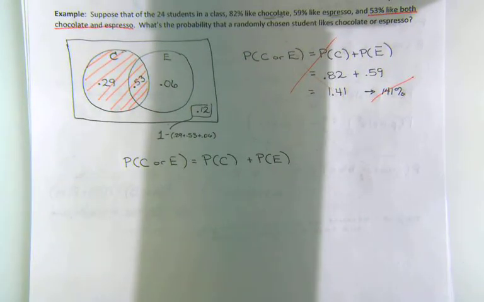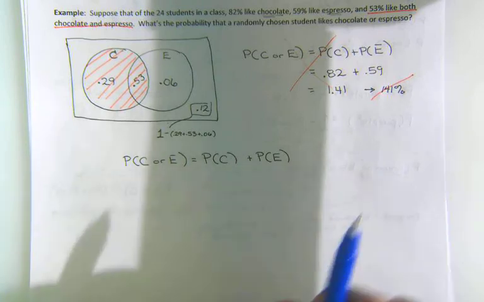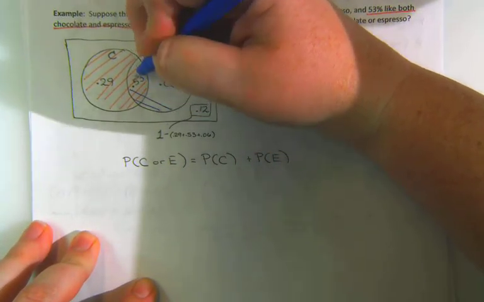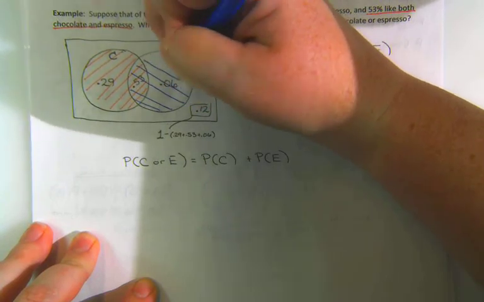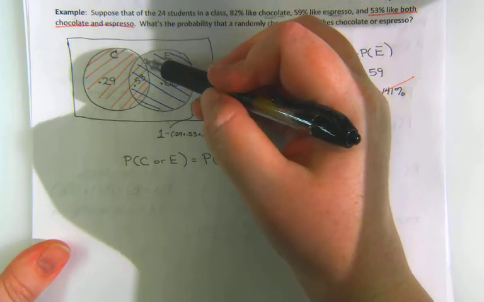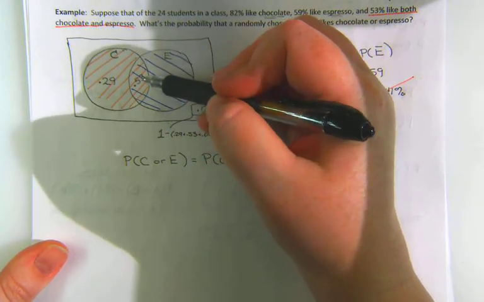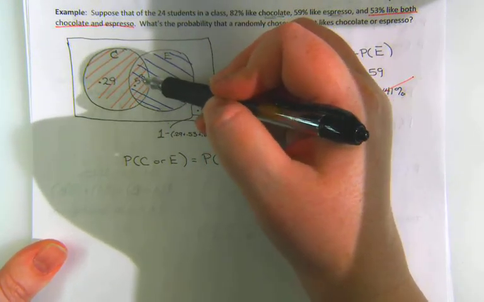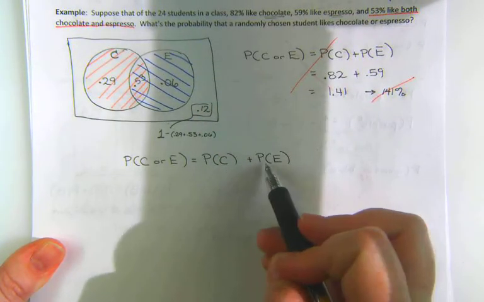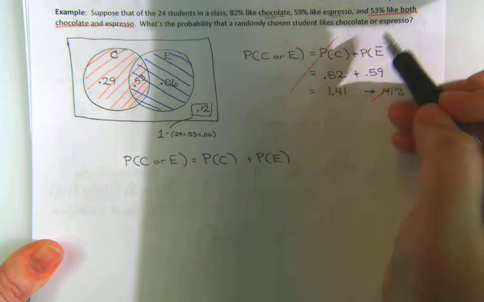But let's talk about why it doesn't work, because our addition rule is going to be pretty similar to this. So let's try it again, taking probability of chocolate, and we start by adding the two. So if we think about what's happening within our Venn diagram, we take the probability of liking chocolate, which is this whole circle right here. So it's covering everything.